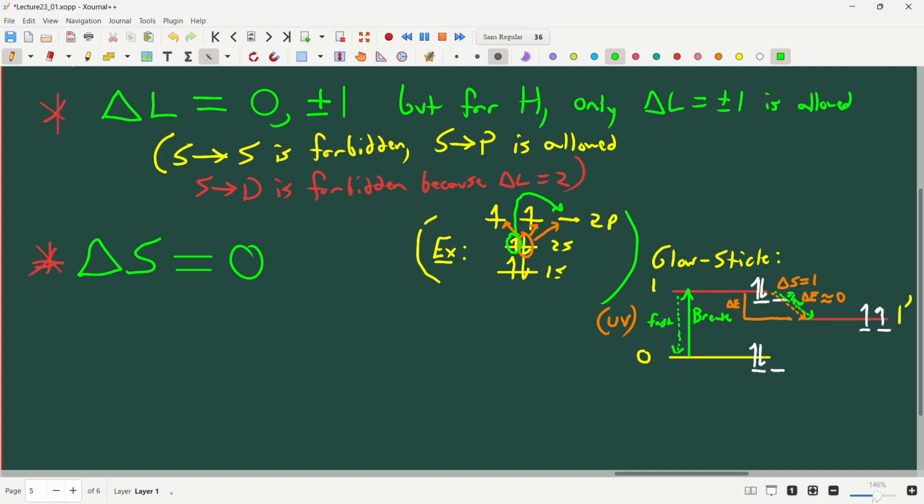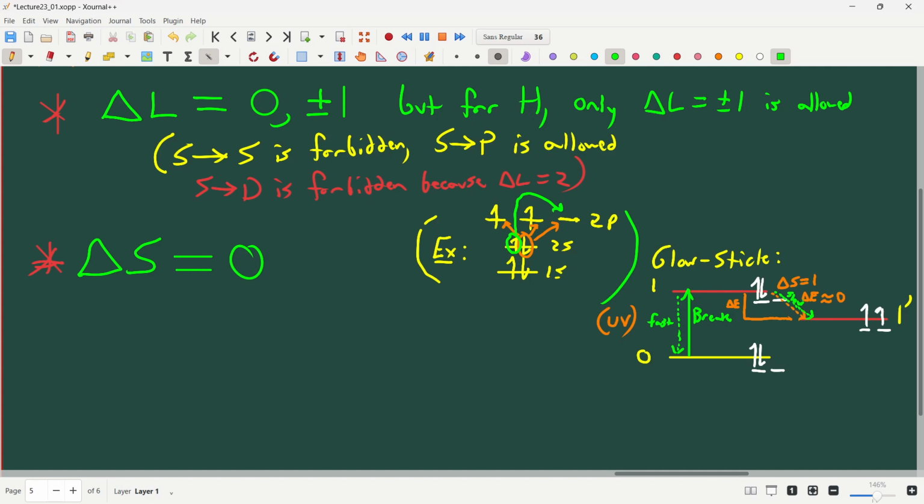It's the undo step. So it breaks, and then there's a very small probability, maybe 1 out of 1,000,000 molecules in your glow stick, will fall into this intermediate level by flipping a spin. Very, very unlikely, because delta S equals 0 is a very strong rule, but it can be broken, and it is broken, but it's very rare.